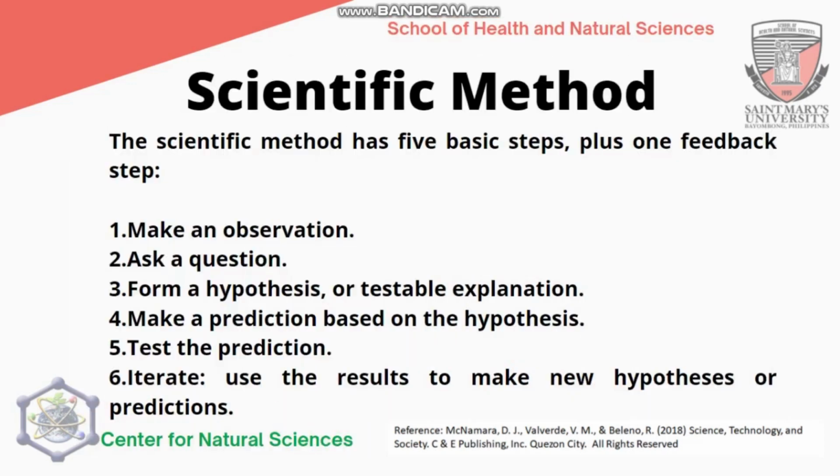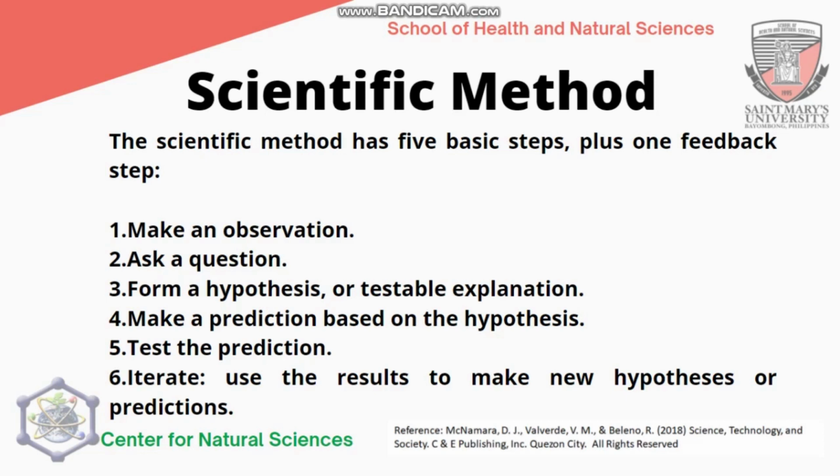What else? The scientific method has 5 basic steps plus one feedback step. So you've learned scientific method since you were in grade school, in high school. When you're conducting your laboratory activities, in your laboratories, you follow these steps.